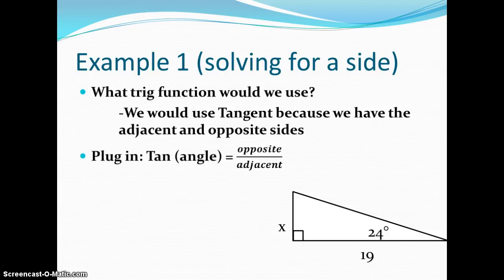So we're going to plug it into this equation. The tangent of the angle equals the opposite over the adjacent. That's our TOA. Opposite over adjacent. So we have the tangent of 24, which is our angle measure given, equals x, which is our opposite side, over 19, which is our adjacent side.